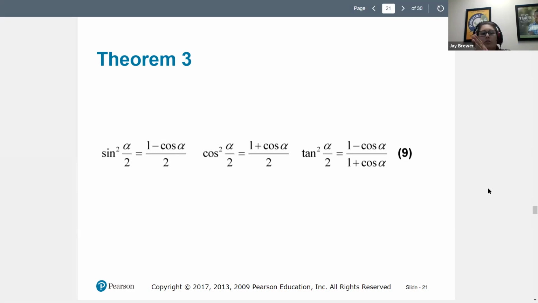All right. So half-angle theorems. Here it is, 9. I don't know why they don't separate it out. Honestly, if I were you guys, I would call it 9, 10, and 11. They're just calling it 9.